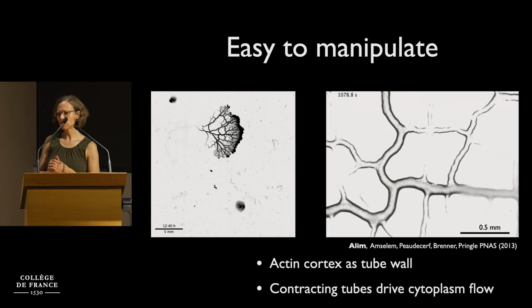Now, why is this a good system to study adaptation to fluid flows? Well, first of all, this organism has been shown in instances to obey Murray's law. So it obeys the same geometrical laws that we observe in our vasculature. And it's just an amazing system to quantify.